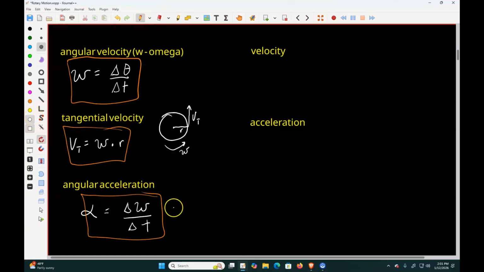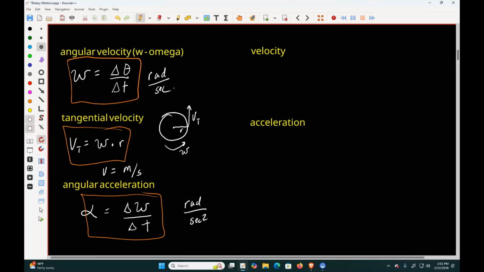This is going to be measured in radians per second squared. Let's go ahead and add these units up here. Be radians per second, meters per second, and radians per second squared.